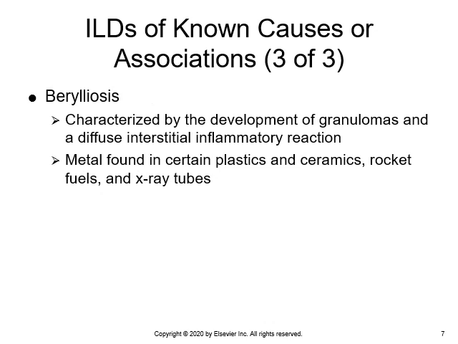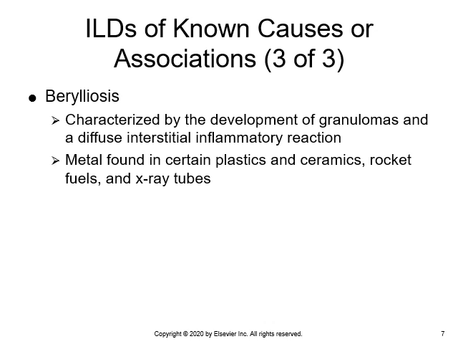Beryllium. Beryllium is a steel gray, lightweight metal found in certain plastics and ceramics, rocket fuels, and X-ray tubes. As a raw ore, beryllium is not hazardous. When it is processed into a pure metal or one of its salts, however, it may cause a tissue reaction when inhaled into the lungs or implanted into the skin.